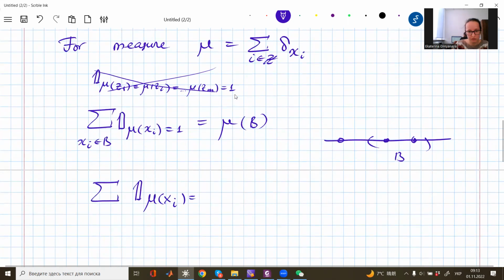So I consider mu of x_i is equal to 1. And since my finite dimensional probabilities are defined for non-equal points, here I will write that my points are not equal, and I consider all points in subset B.